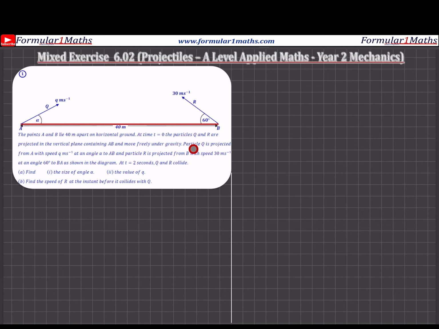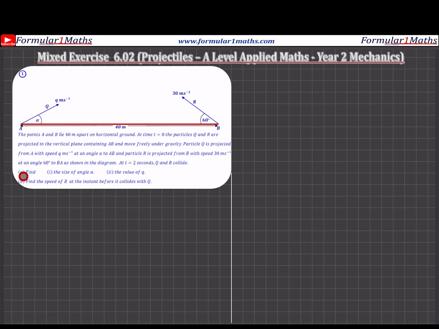Particle Q is projected from A with speed q meters per second at an angle alpha to AB. And particle R is projected from B with speed 30 meters per second at an angle 60 degrees to BA, as shown in the diagram. At time t equals 2 seconds, Q and R collide.